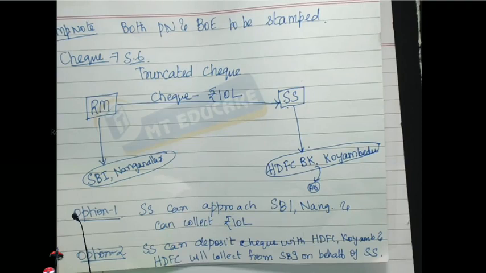Generally special crossing can be done only in favor of one banker. But if that banker is again specially crossing in favor of some other banker, now it is possible. So special crossing in favor of two bankers is permissible. Are you all getting me? Yes, sir.